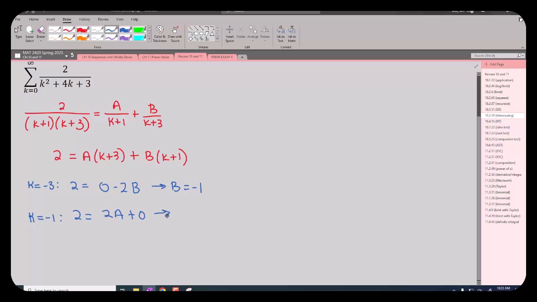So A is +1. All right, so that allows us to break that summand apart. So we're going to rewrite our summation as 1 over k plus 1 minus 1 over k plus 3. Now we're going to see that this is in fact a telescoping series.